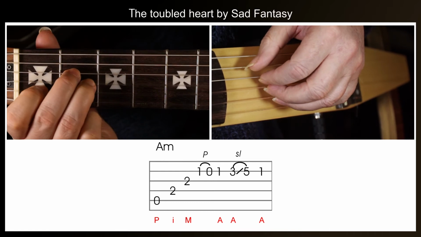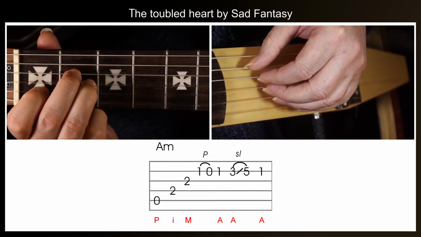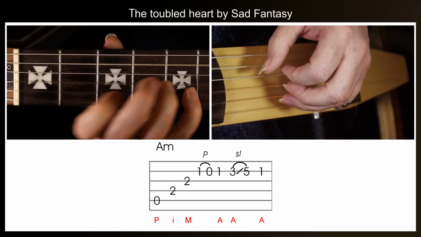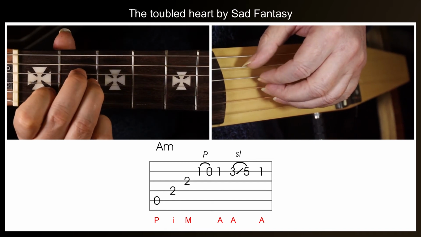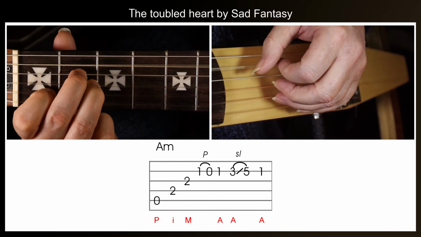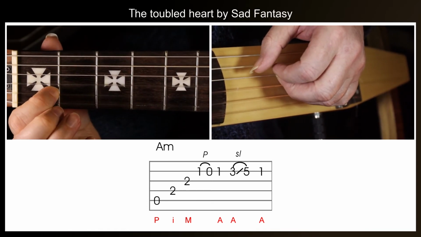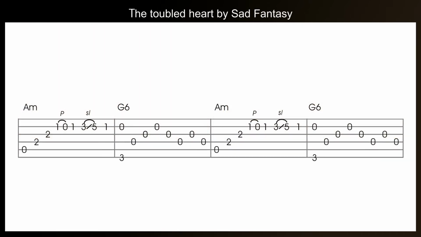Let's see and hear that again. To play the second bar, we simply use a G6. And then by repeating the first 2 bars, we have the whole of the first line.